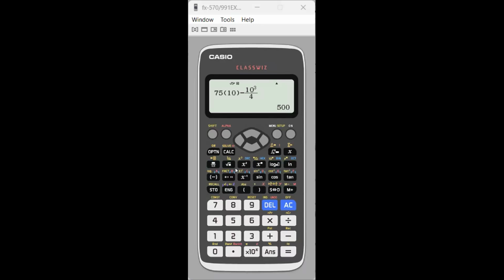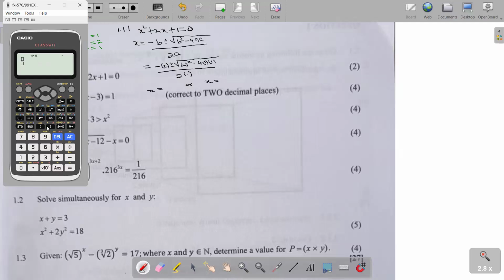So punching on the calculator, we are going to have minus b, which is 2, minus the square root of b squared, which is 2 squared, minus 4a, which is 1, c, which is 1, all over 2a, which is 1.